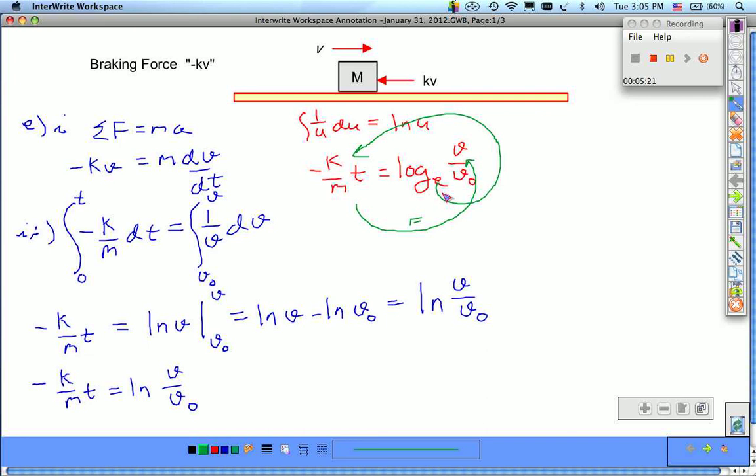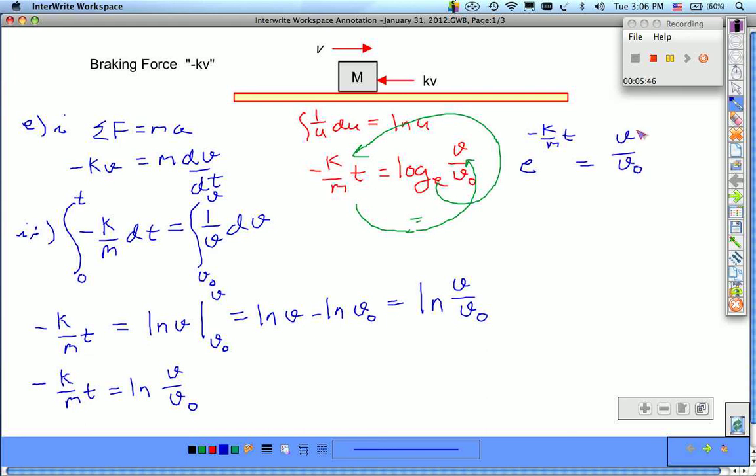Okay, e raised to the minus k over m t is equal to v over v naught. Let's write that in blue. So we have e raised to the minus k over m t is equal to v over v naught.